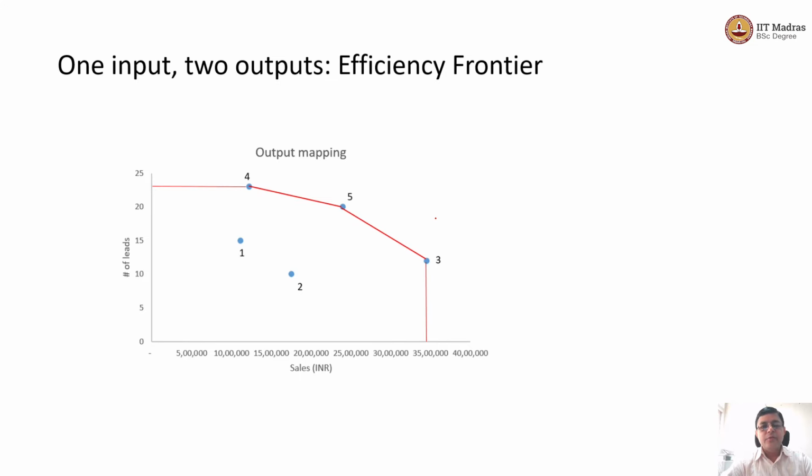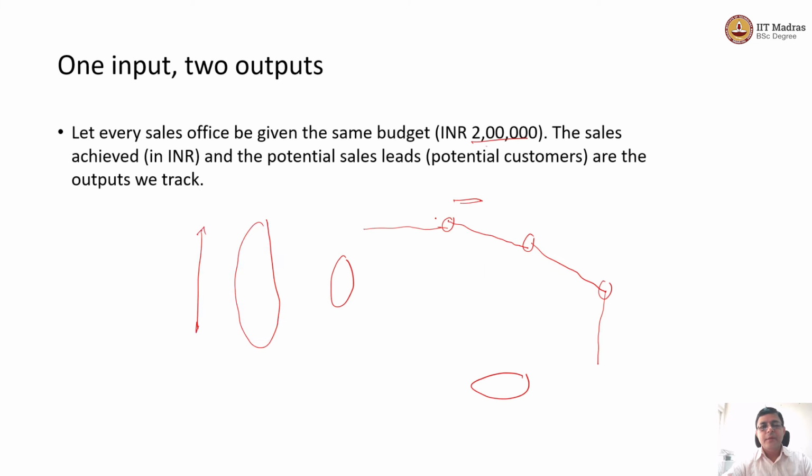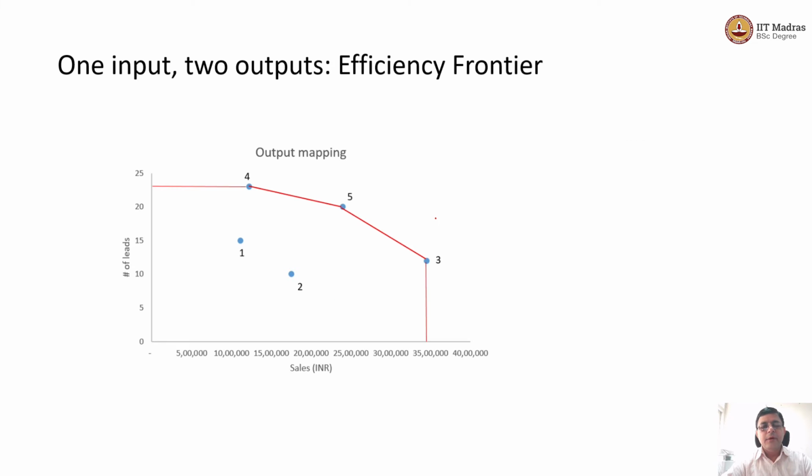Those efficient economic units are going to sit on the frontier. Those economic units are going to sit on what is called the envelope. In this case, it was 3, 4, 5. In the previous case, it was 2, 3 and 5. So those are the efficient economic units. 1 and 4 here, and 1 and 2 here are not so efficient units.